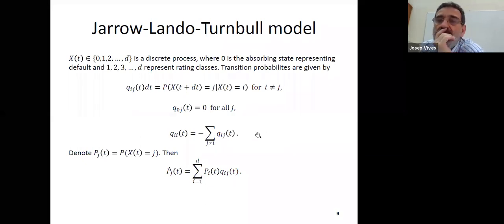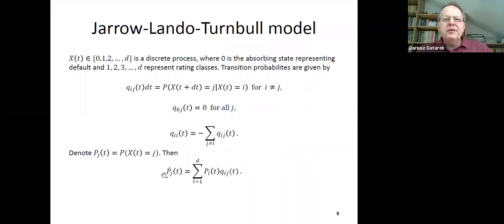And that model, so the probability satisfies, of course, these linear equations. So this is the forward Kolmogorov equation for continuous time Markov chains.